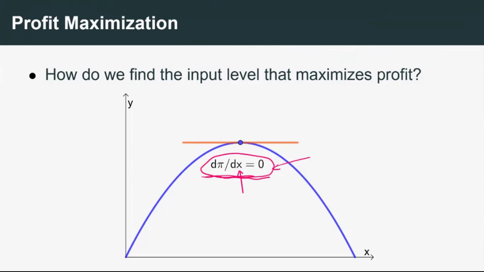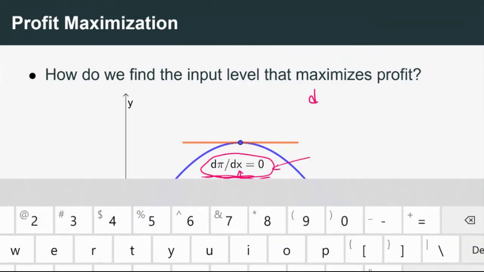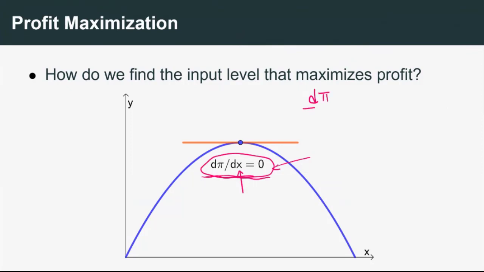When we are doing maximization from input, the input X here is a choice variable. So the producer is reaching maximum profit by adjusting X. For whatever is the choice variable, we take the derivative of profit with respect to that choice variable.